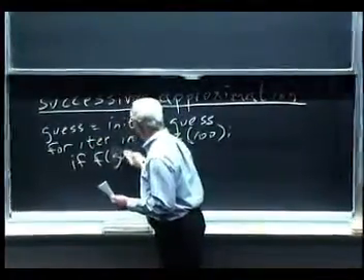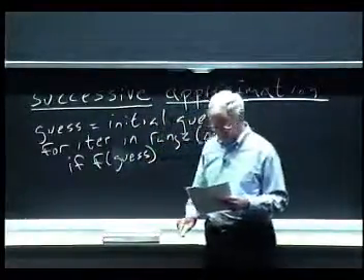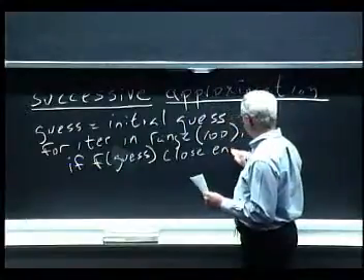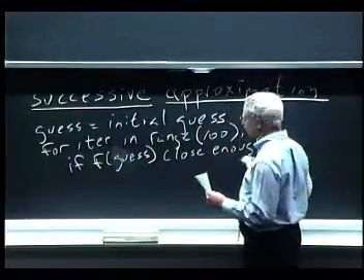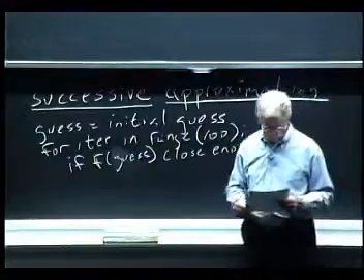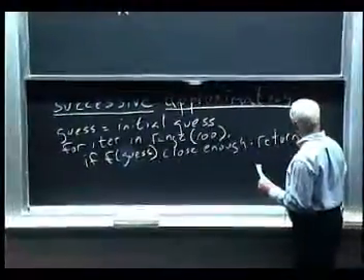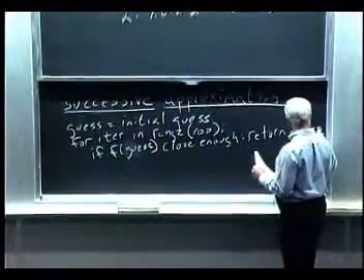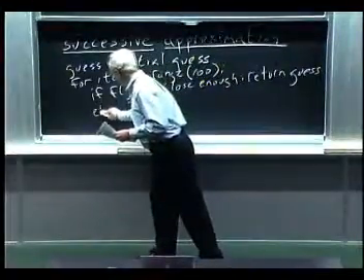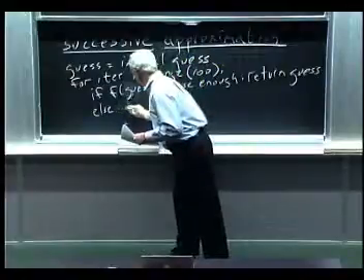If f of guess is close enough, so for example, if when I square guess, I get close enough to the number whose square root I'm looking for, then I'll return the guess. If it's not close enough, I'll get a better guess.